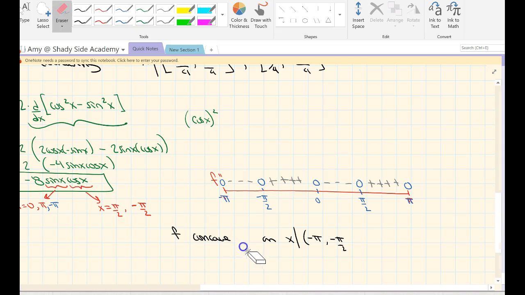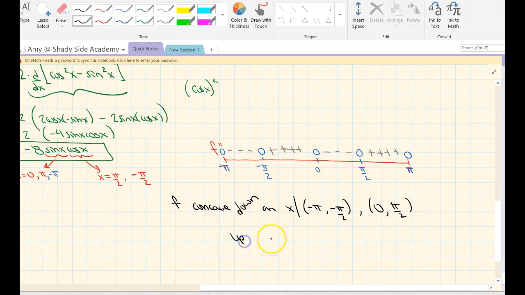I'm just going to change this word to concave down. And 0 to pi over 2. Concave up on the interval of x from negative pi over 2 to 0, and pi over 2 to pi.